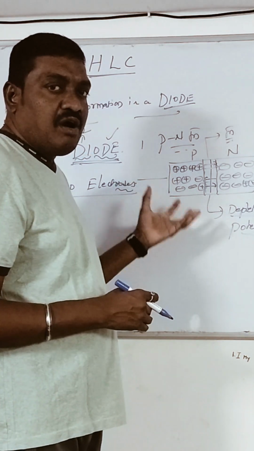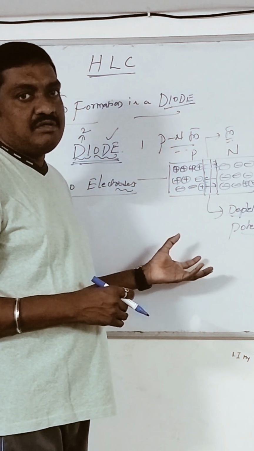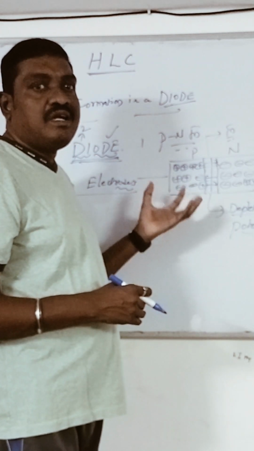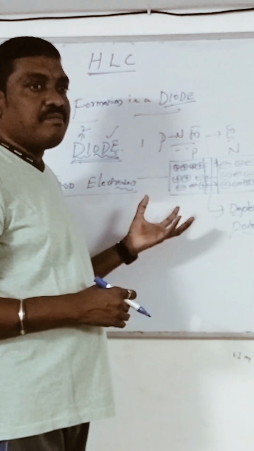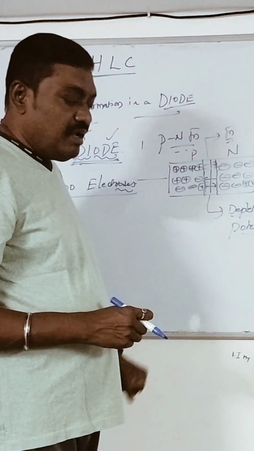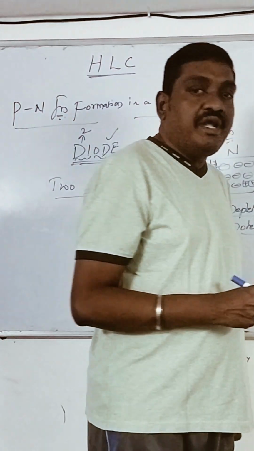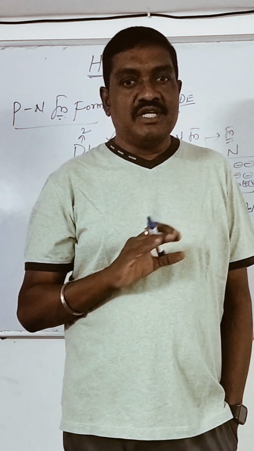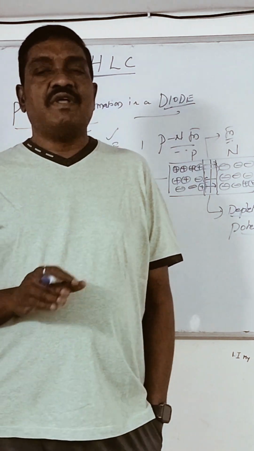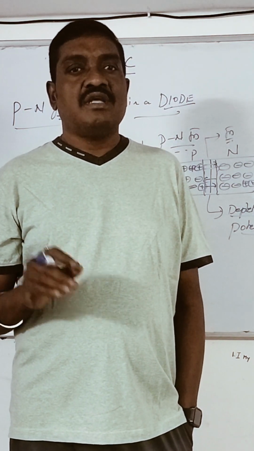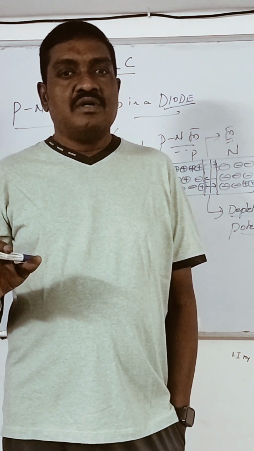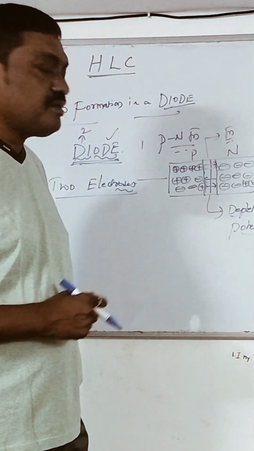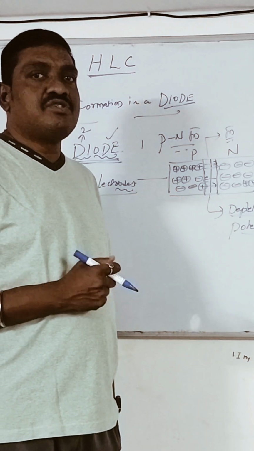This is how the depletion layer forms, how the PN junction forms in a PN junction diode, so that it acts as a barrier and the device acts as an insulator. It doesn't allow any charge carrier movement, so the conductivity of the material is zero, and the material behaves as an insulator.